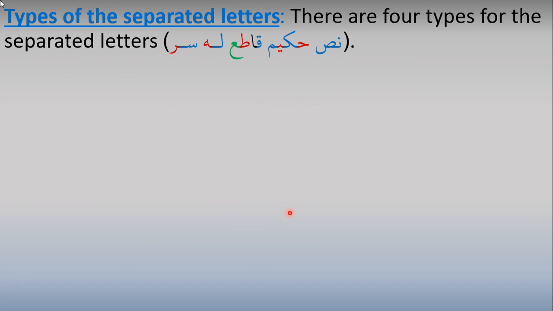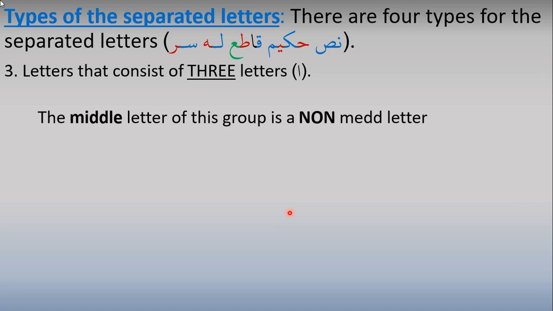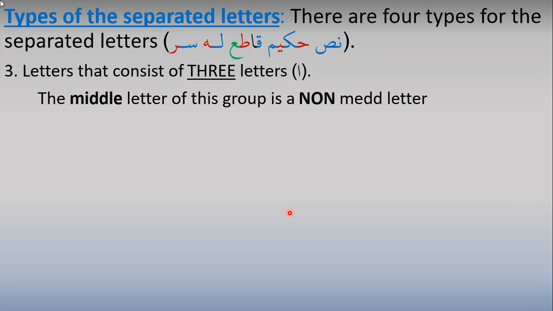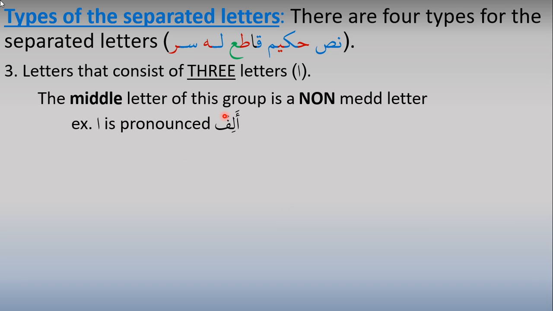So the types of the separated letters, continuing here. Number 3 is the letters that consist of 3 letters, which is the alif. The middle letter of this group is a non-mad letter. As you guys see, the alif is pronounced alif, and the middle letter, which is the lam, is a non-mad letter.